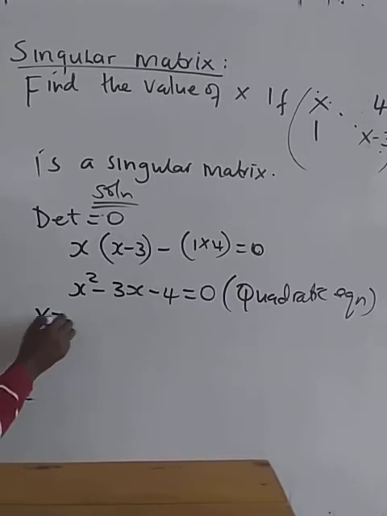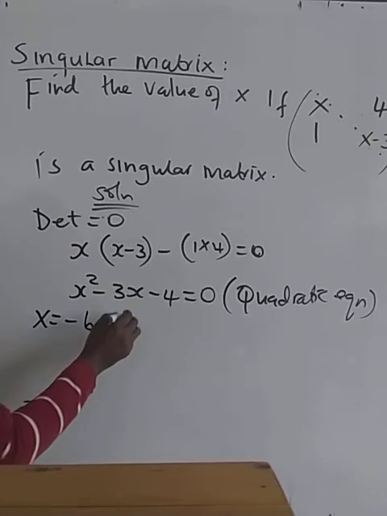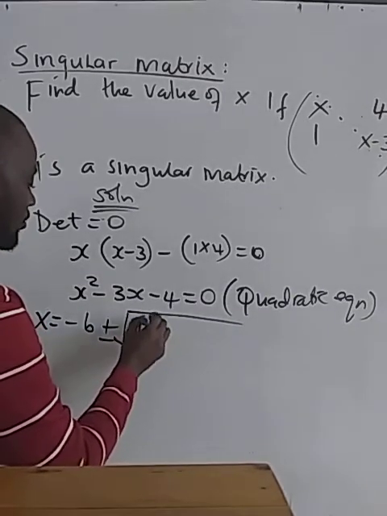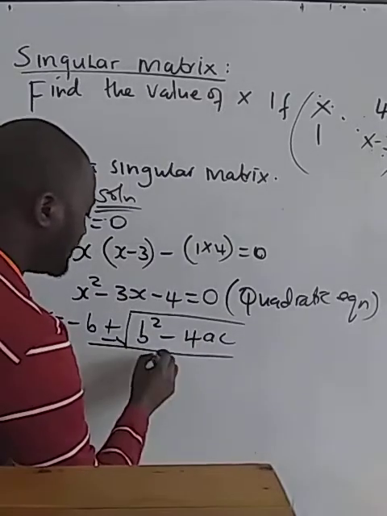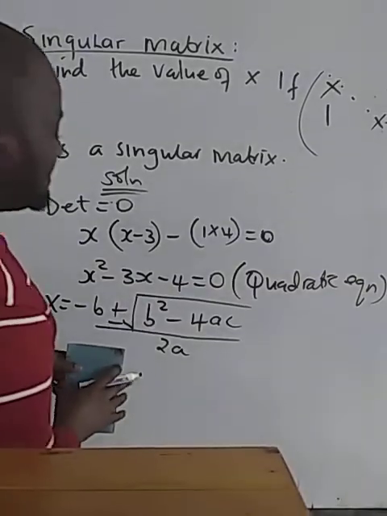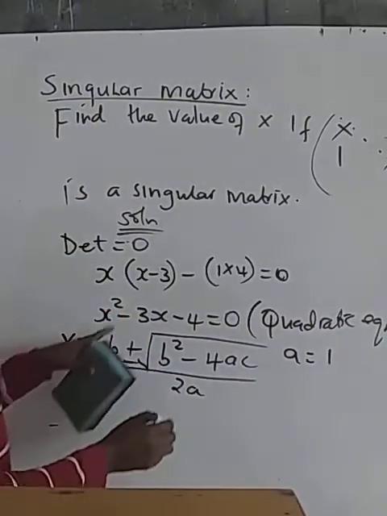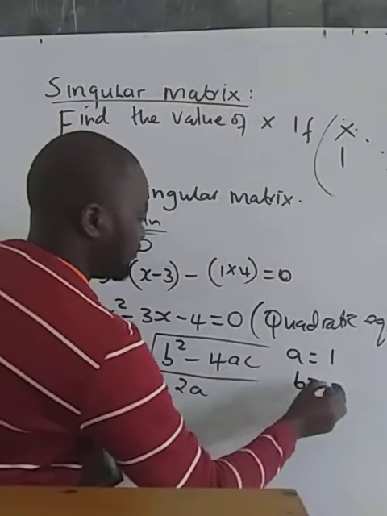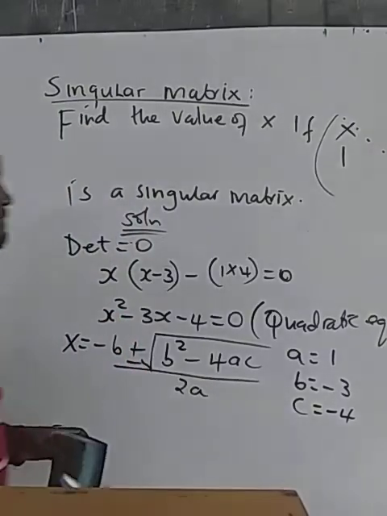The value of x is given by minus b plus or minus the square root of b squared minus 4ac, over 2a. In this case, the value of a equals 1, the value of b equals minus 3, and the value of c equals minus 4.